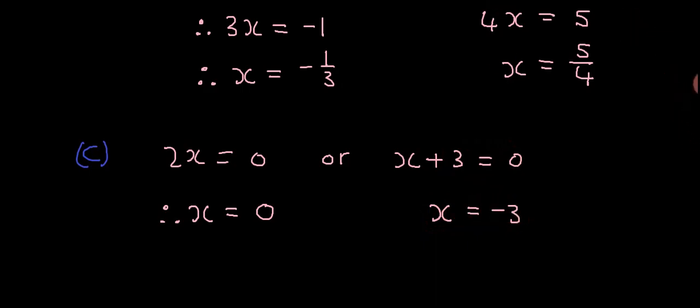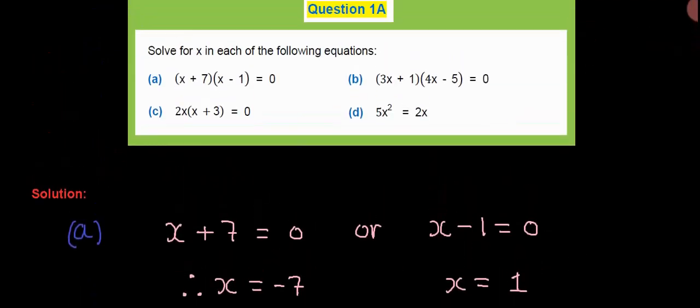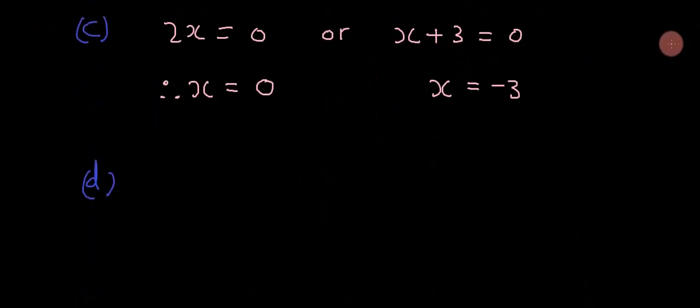Let's look at the last one. We have 5x squared equals 2x. We can start by bringing everything to the left-hand side. So then 5x squared minus 2x will equal 0.